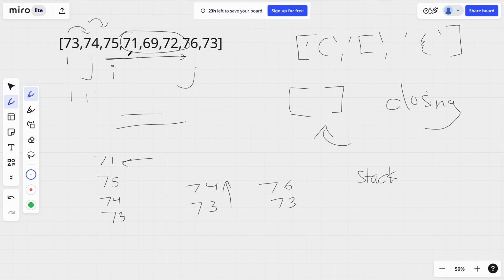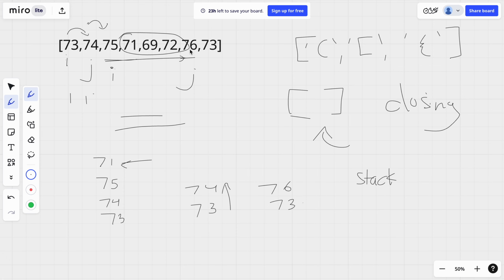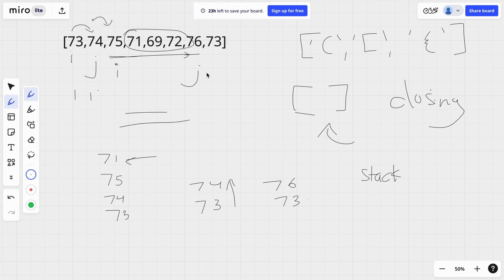But all these values are less than the number before. Right? And at this point, they're going to be less than 76. So we know something about this, and that there is a higher temperature along the line. Does that reveal anything to us?